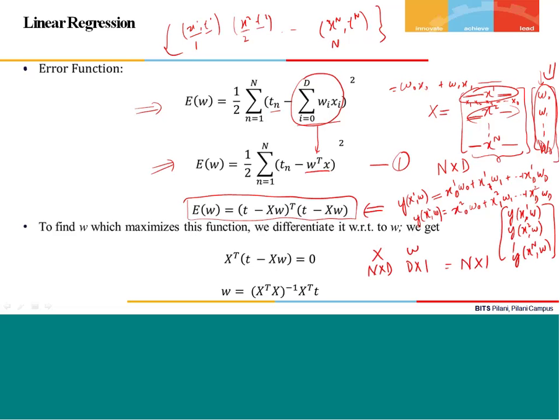So the resultant of x into w will be a vector having the values y of x1, w up to y of xn, w, right?